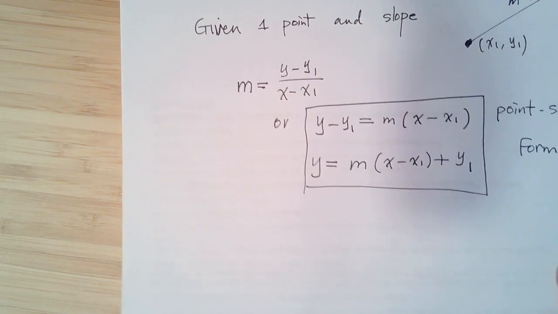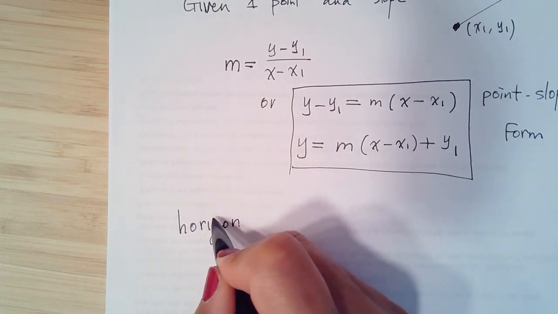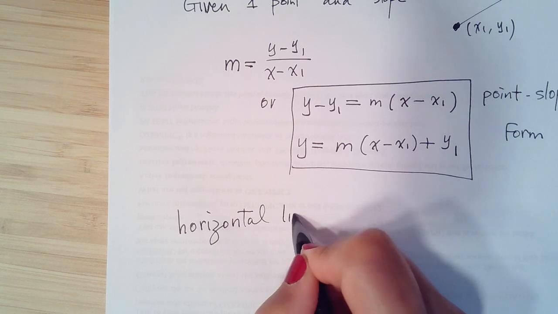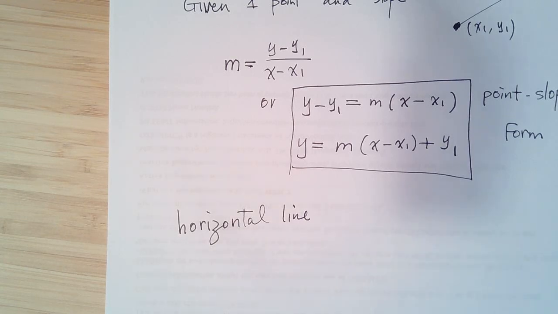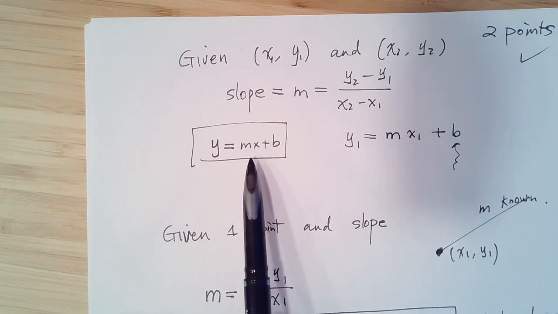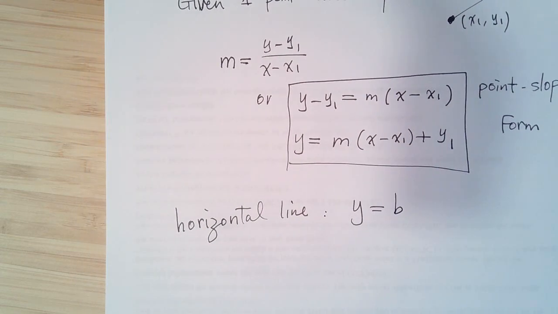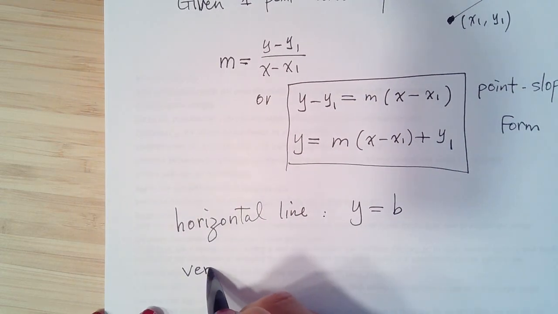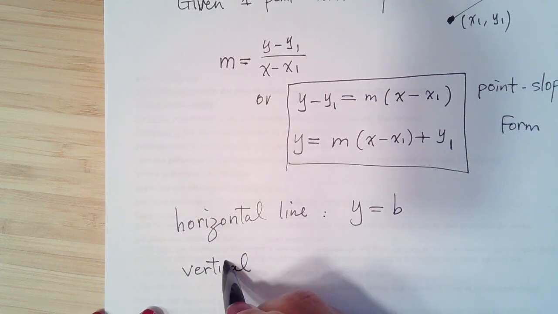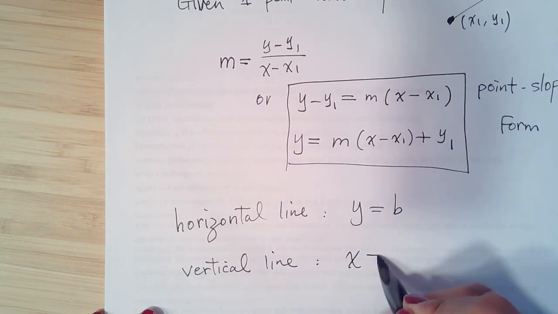Okay, what about for the horizontal line? Remember, for a horizontal line, the slope is 0, which means y equals mx plus b, so that m is 0. Therefore, the equation looks like y equals b. Okay, and for a vertical line, vertical is not a function, and that will be x equals a number.